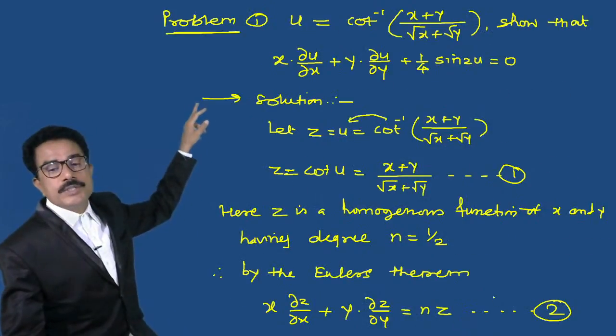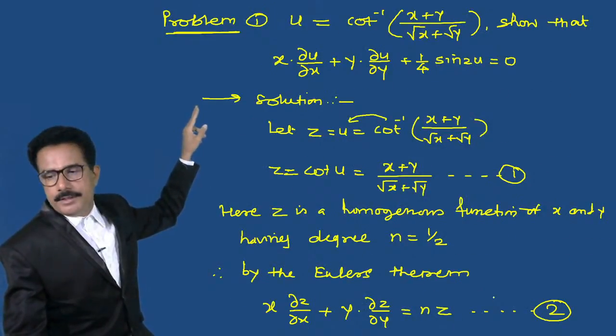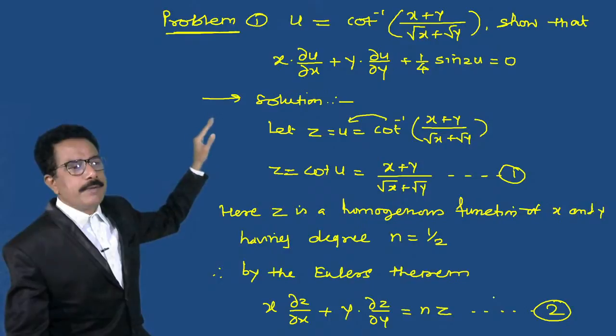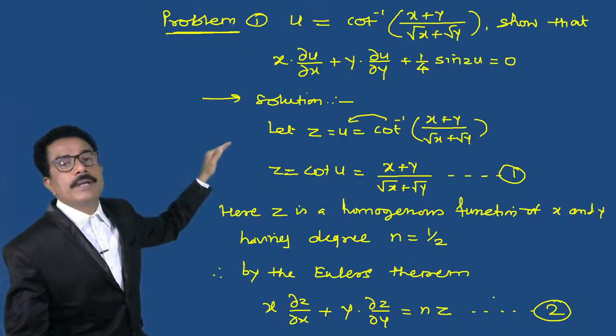But we have to prove this particular result, x into dou u by dou x plus y into dou u by dou y plus 1/4 sin 2u.